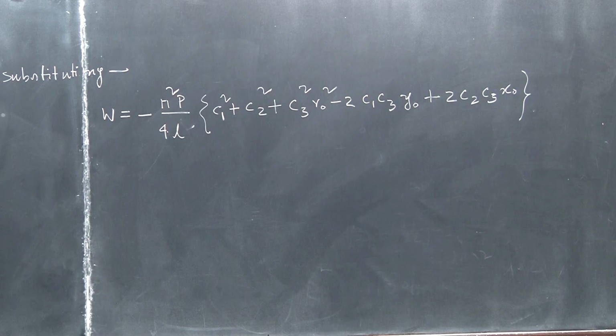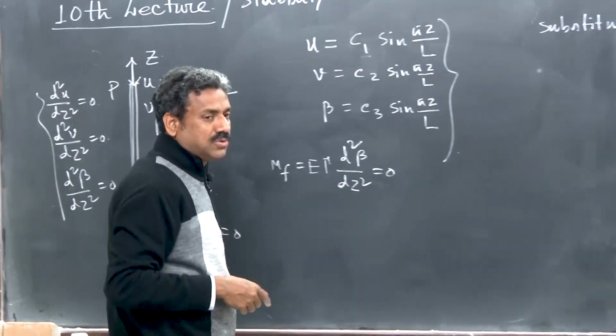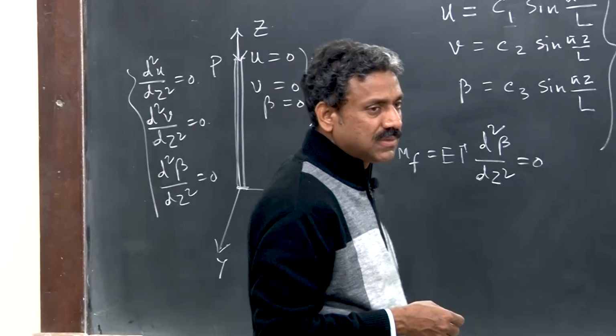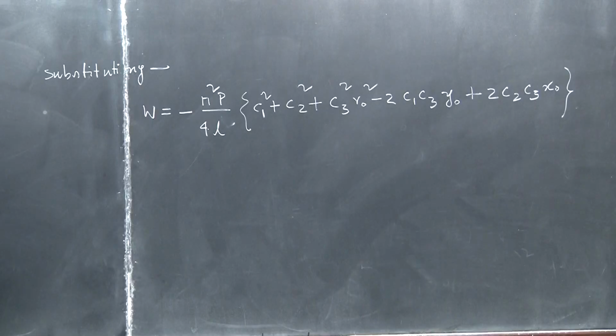If you integrate over this area, r0 square is x0 square plus y0 square, and this is also nothing but the polar radius of gyration, right? Anyway, once we have done that, let us see what we will do.